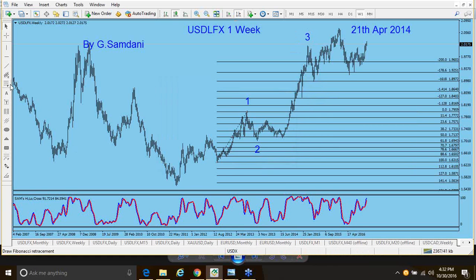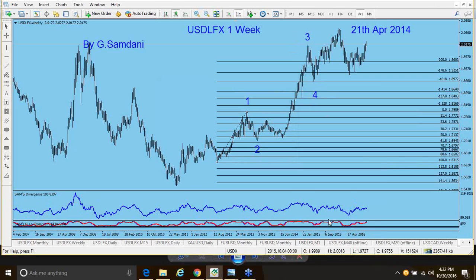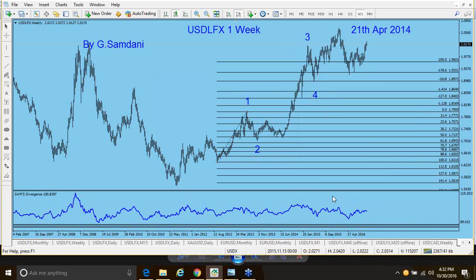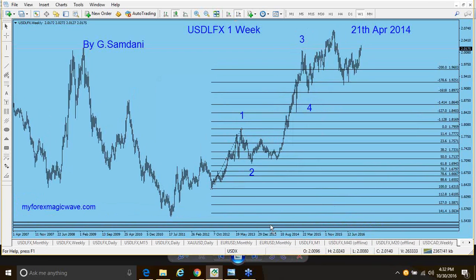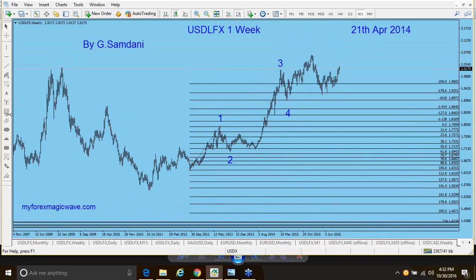So, for example, this is wave 3 here, and this is wave 4 here, right? And this is wave 5 here.